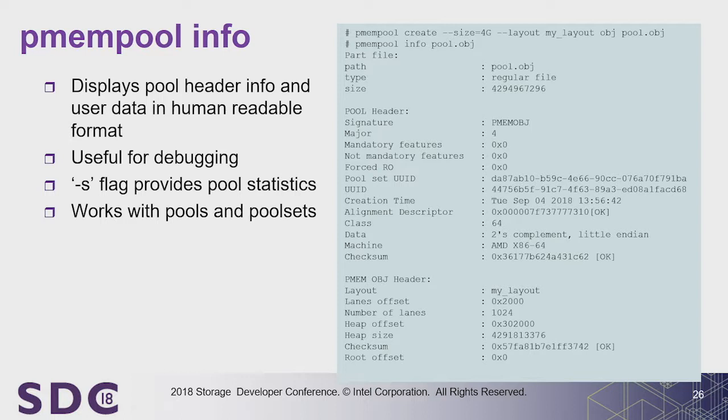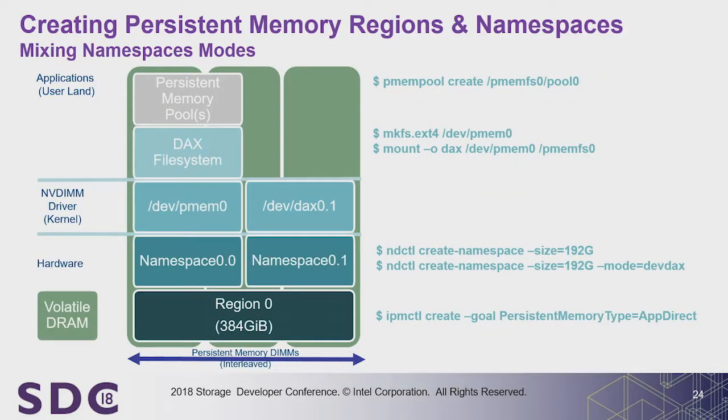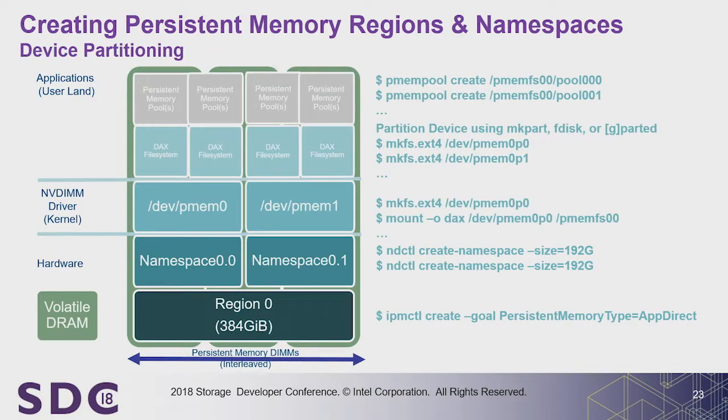Now, we haven't really introduced it too much, but there's a thing called pool sets. So going back to some of these examples where we have maybe multiple pools on different namespaces and different regions, now you can say, well, I want to create a persistent memory pool on region 0, but I also want to replicate that data to a pool on region 1.